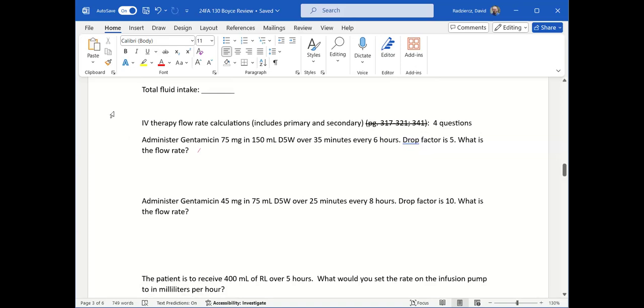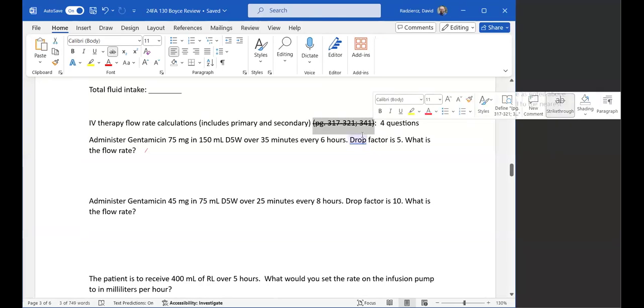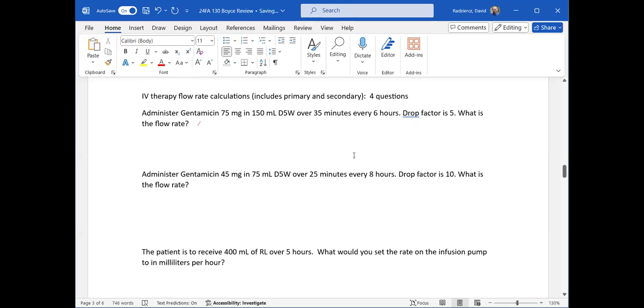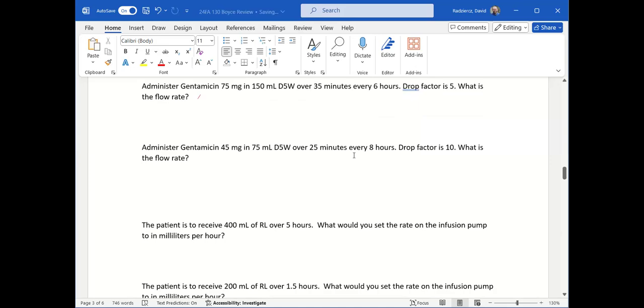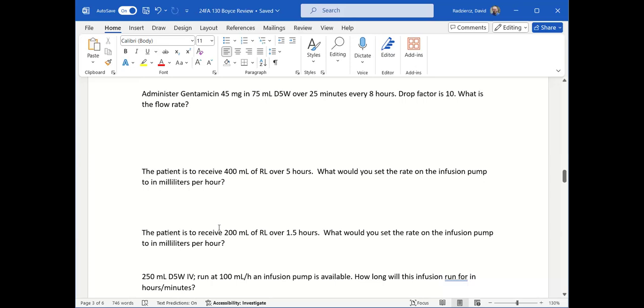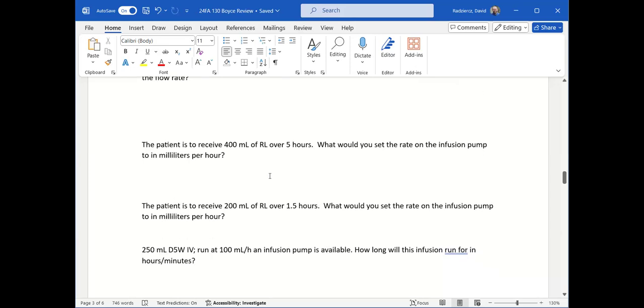I have a few of these that are written maybe a little bit differently than you'll see, but I think they'll still be helpful. I always like to start off with the non-drop factor questions, so I like to start with these down here, and then we can work towards the drop factor type questions. So this is where I'll start.